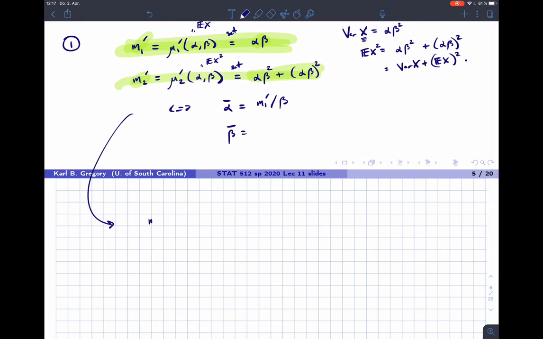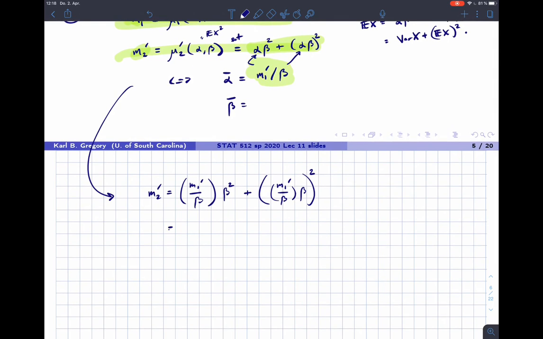So M2 prime equals M1 prime over beta, times beta squared, plugging this into alpha of the second equation, plus M1 prime over beta, beta squared, which gives me M1 prime beta from the first term and M1 prime squared from the second term.